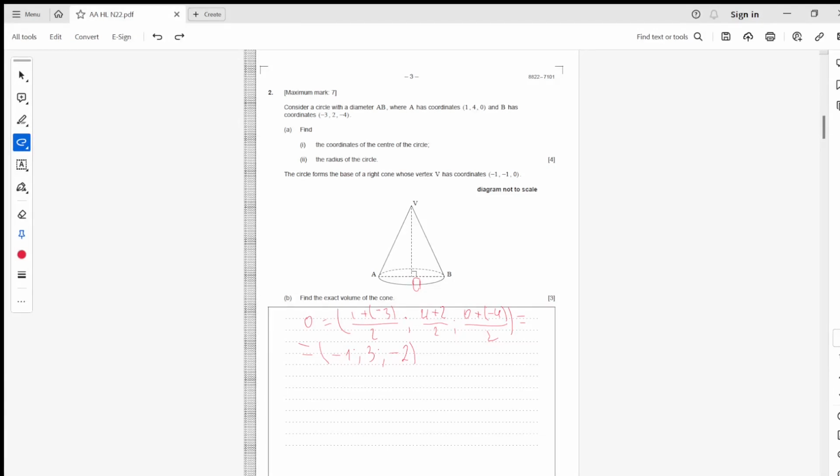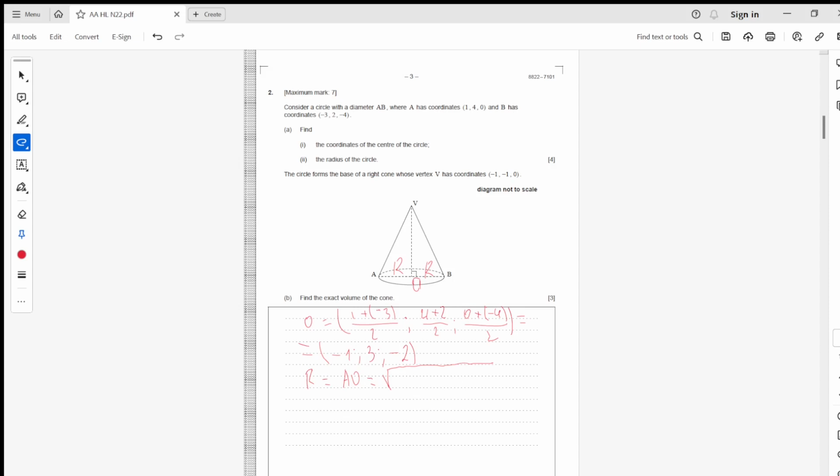The next question asks us about the radius of the circle. Basically, we need to calculate the length of AO or BO, it doesn't really matter. Let's stick to AO. So our radius is equal to AO, and it's the square root of the following.